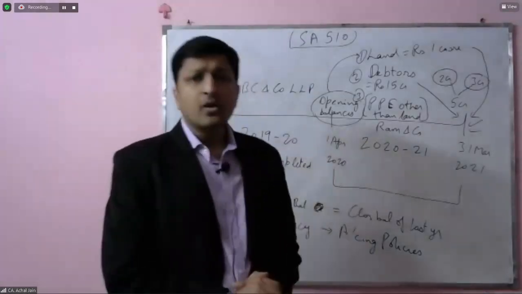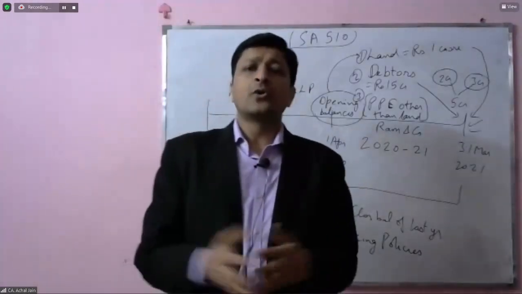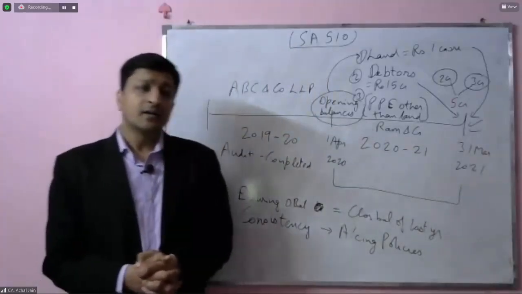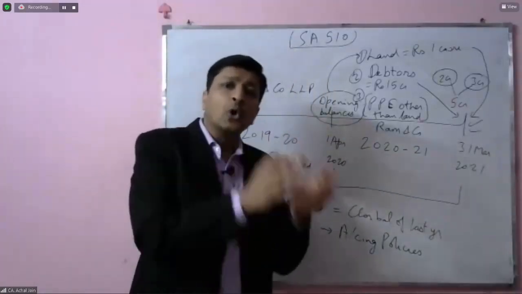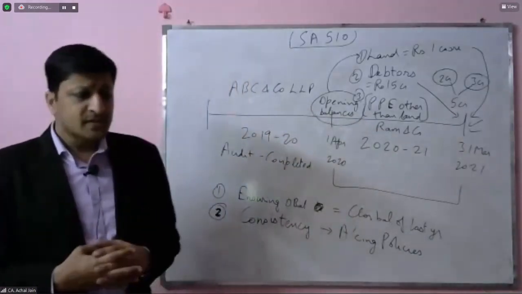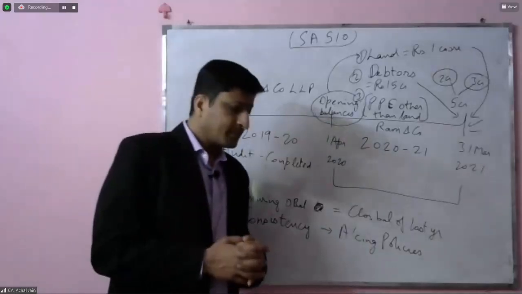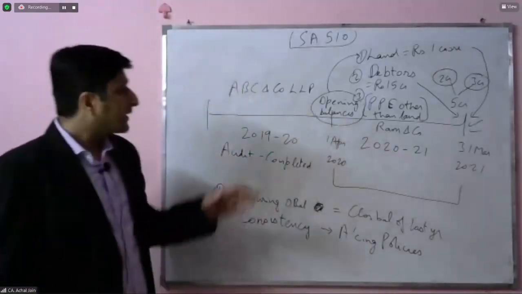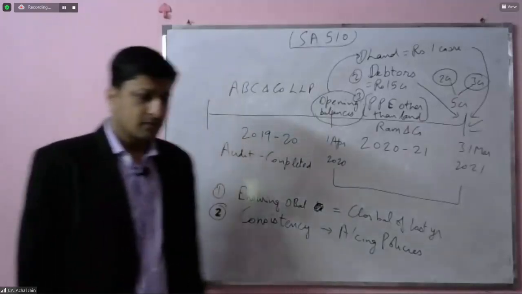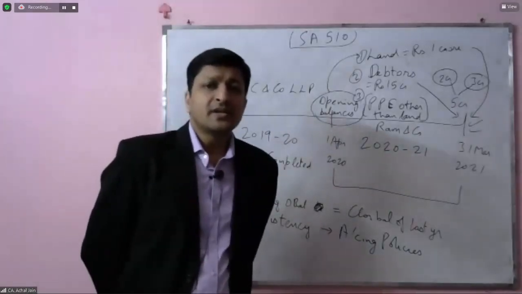This is about some of the additional audit procedures which the new auditor would require in respect of opening balances. Now, at times it may happen that in respect of opening balances which he would verify, some misstatements are identified.